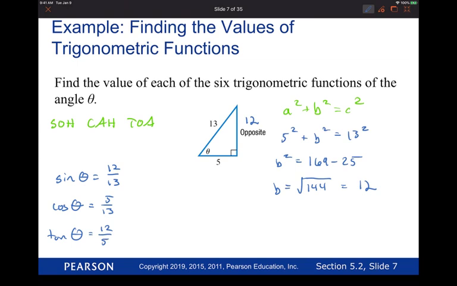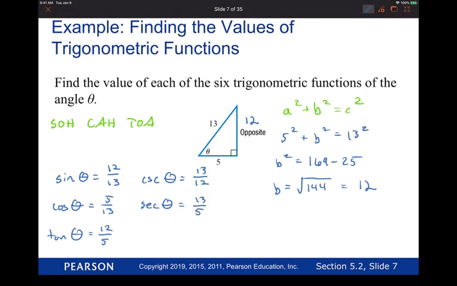All right, so if this is sine, what's the reciprocal of sine? 13 over 12. Which trig function? Cosecant, right? So cosecant theta is going to be 13 over 12. What's the reciprocal of cosine? 13 over 5. Secant, right? It's okay, we're just starting.